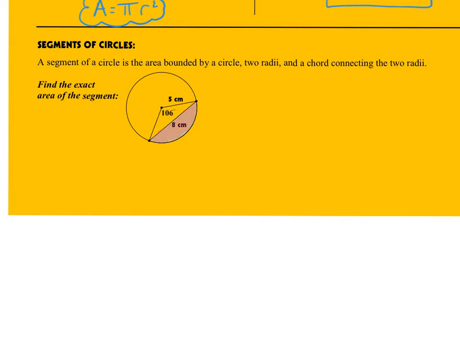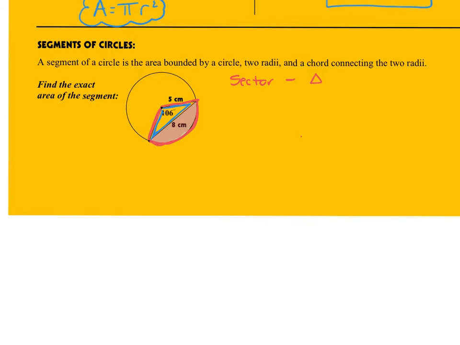So segments are a very specific geometry shape, and we're going to find those by doing the sector minus the triangle. Now, if you don't quite see it, the sector is going to be this piece of the pizza, and then the triangle we're going to subtract is going to be this triangle right here, okay?